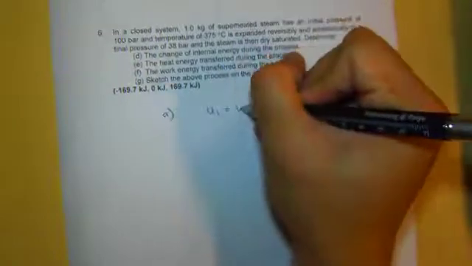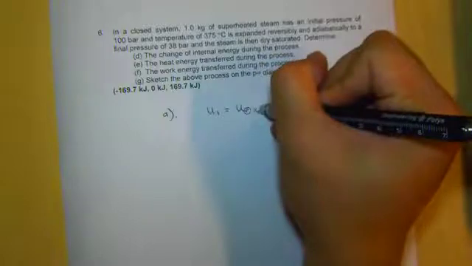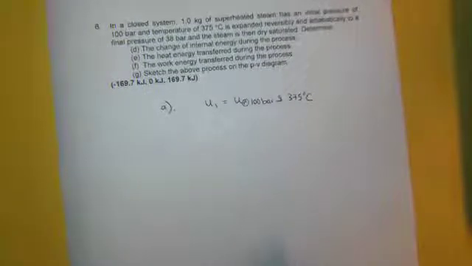U1 will be the U from the superheated table at 100 bar and 375 degrees Celsius. So from the superheated table, we need to find out these values.